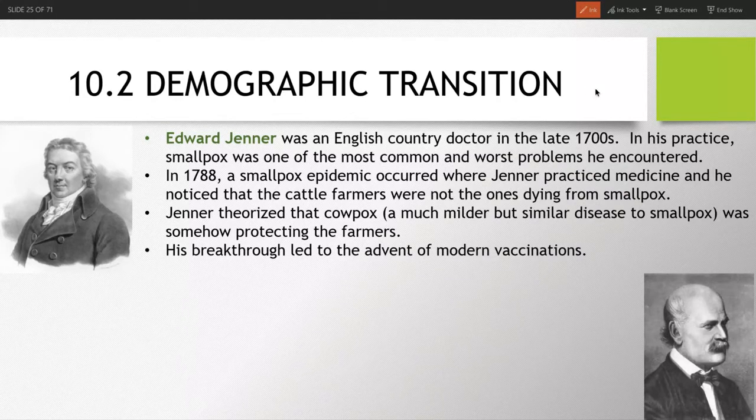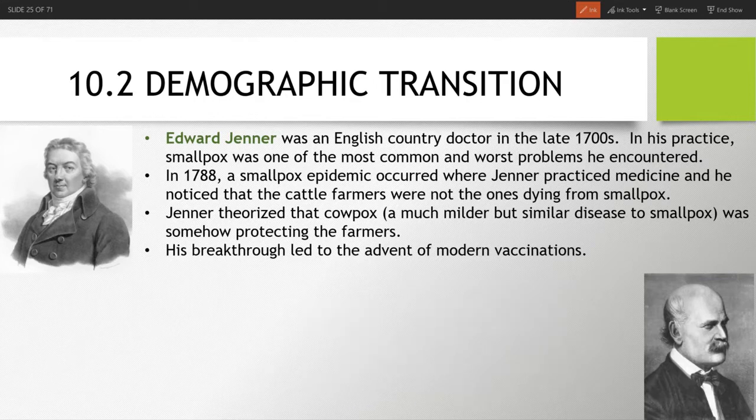He noted that in his area where he was working in 1788, there was a smallpox epidemic that broke out, and he was the doctor in the local area, and he noticed that a lot of people were getting sick and dying of smallpox, but the people who worked in particular on cattle farms, or milkmaids, for example, who worked in close quarters with cattle, were not the ones who were getting smallpox and dying.